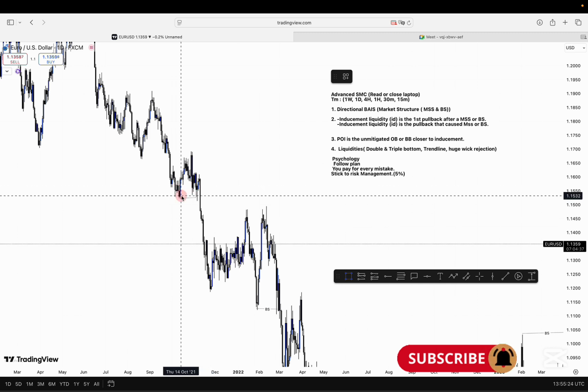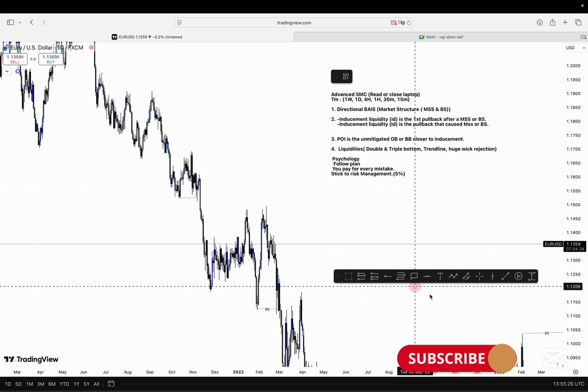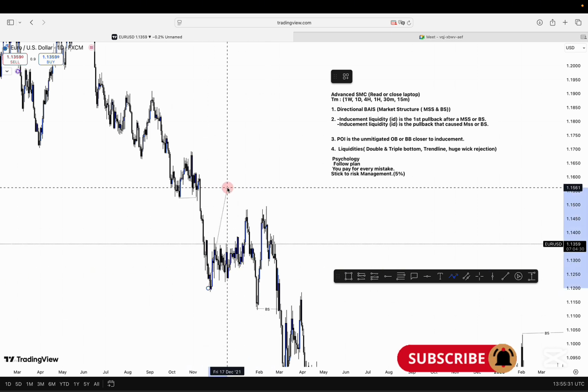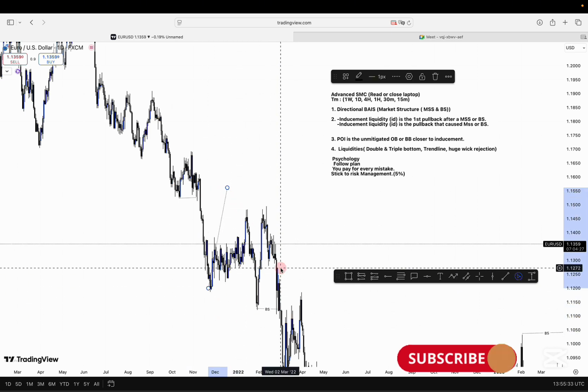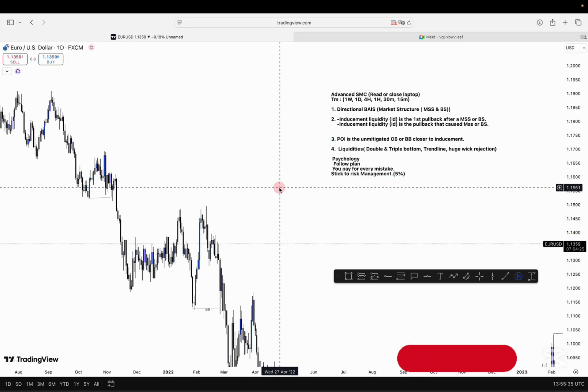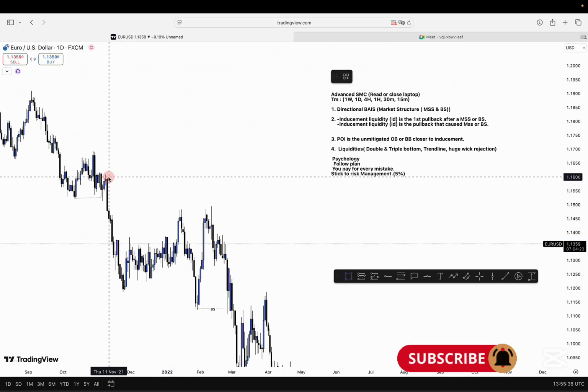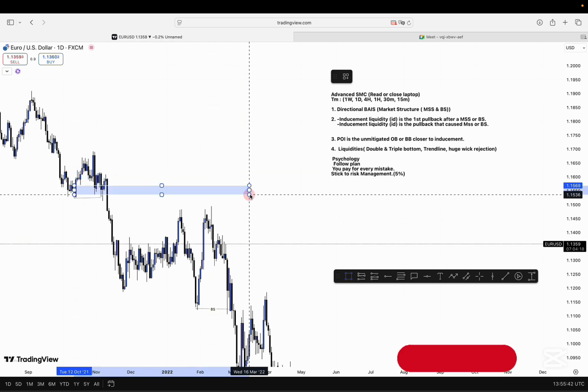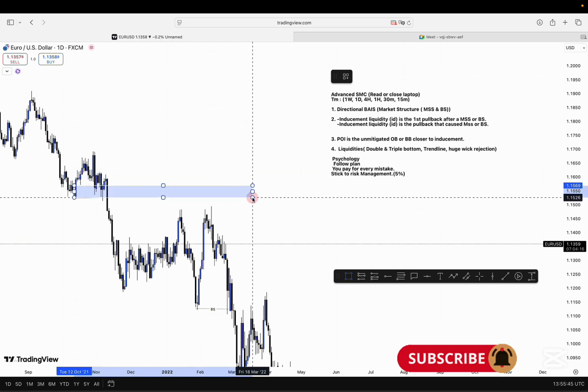So we have a breaker block here left unmitigated. This low was supposed to pull back to this, and then sell, but we've not gotten it yet. So now we have an order block and a breaker block. We mark this, waiting for price to come and respect.